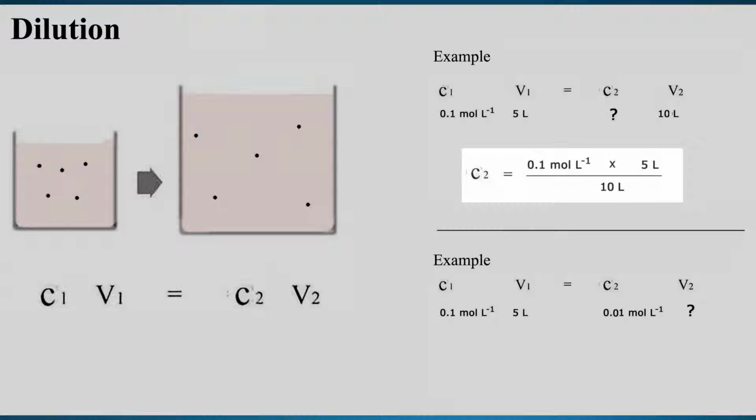The calculation is very simple. You simply divide by this number, the C2. So you divide by the C2 here and you will work out the V2. And that's the way you do it.